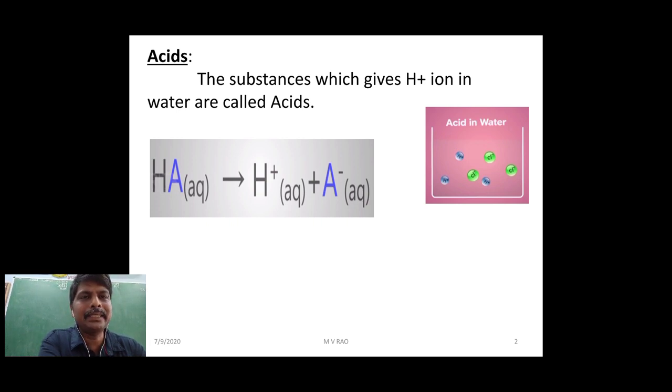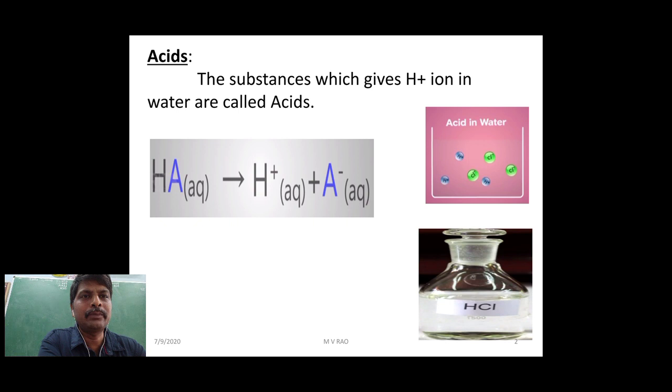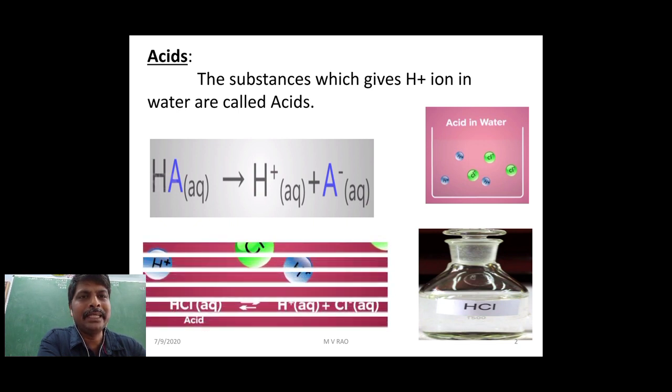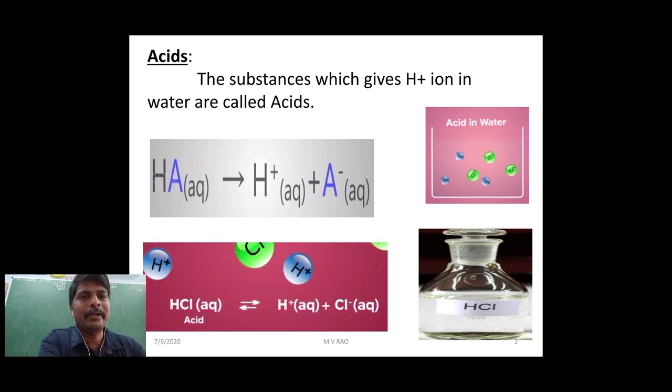It ionizes in water, giving H plus ion and A minus ion. One simple example for acid is hydrochloric acid, HCl. HCl in water gives H plus ion and Cl minus ion. What is meant by an acid? The substances which give H plus ion in water are called acids.